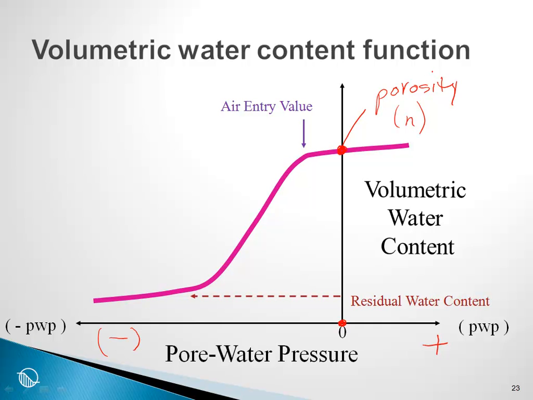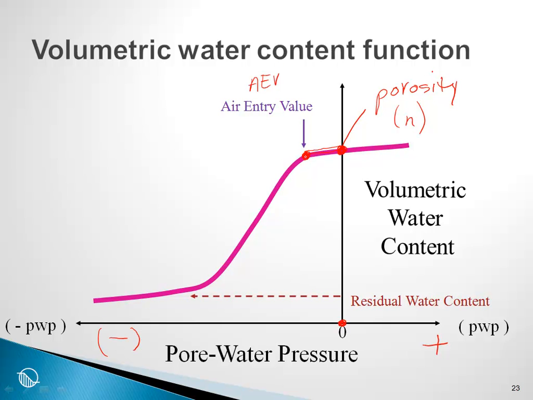As water begins to drain out of the sample, the water content can decrease a little bit, but pretty soon air begins to enter the sample, and we call this the air entry value, or often the AEV value. It is the air entry value.